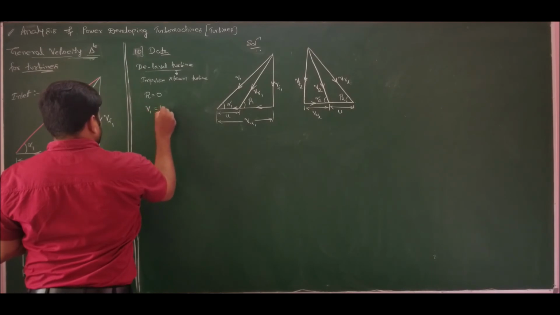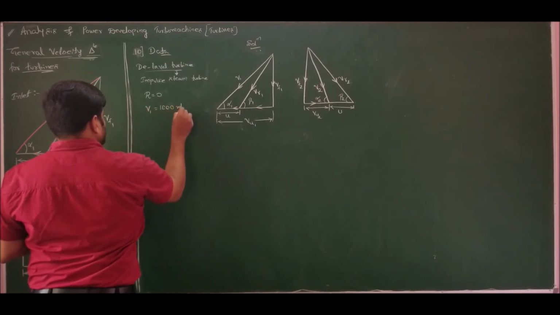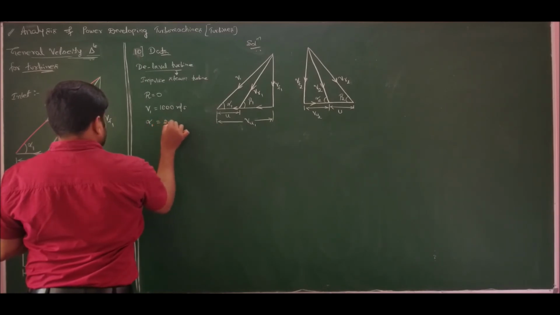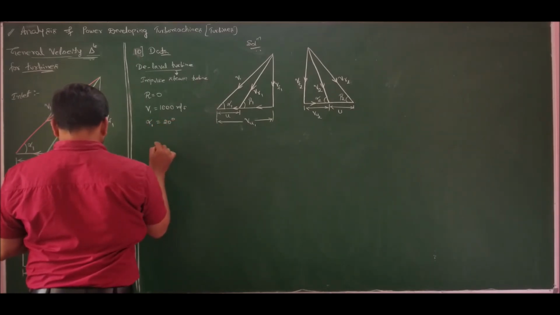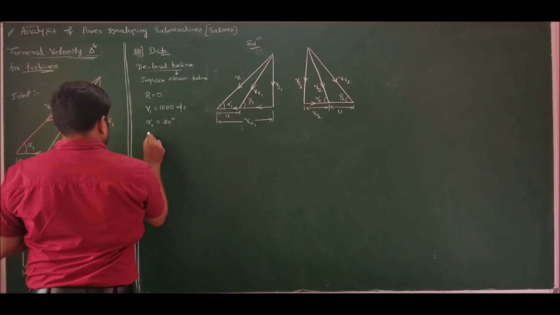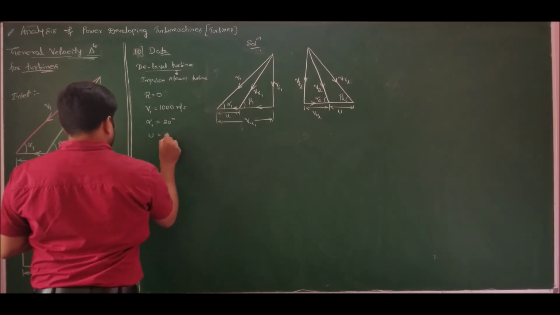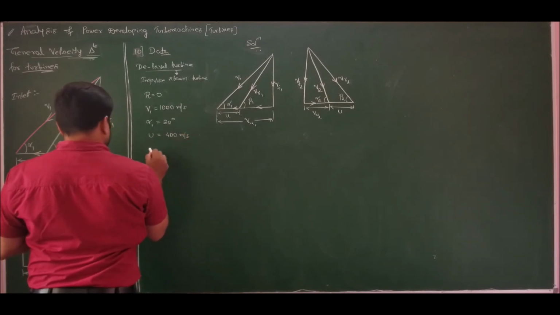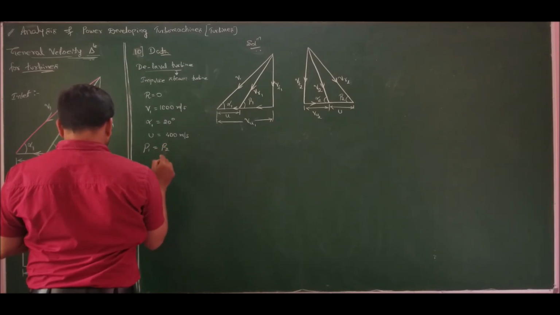Steam enters with a velocity of 1000 meters per second at an angle of 20 degrees. The blade velocity is 400 meters per second. The blades are equiangular, that is beta 1 is equal to beta 2.